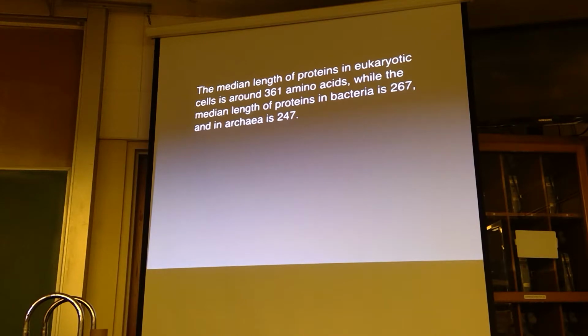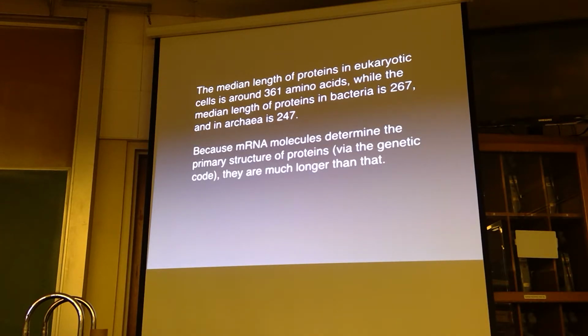So we can kind of say this, but is it real? The significance of this is that there's 3 nucleotides encoding every amino acid that's in a protein. So if a protein is 361 amino acids, the RNA that encodes that protein is 3 times that long at least. So it's going to be longer. So it tells you again, even though messenger RNA is not considered huge, it's a pretty long chain of nucleotides.